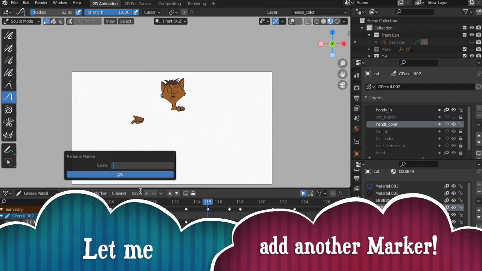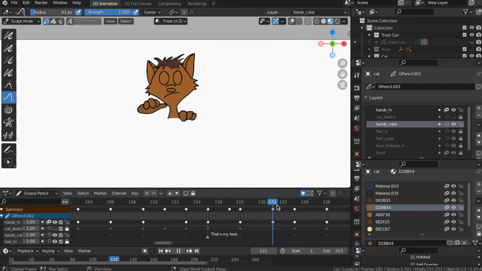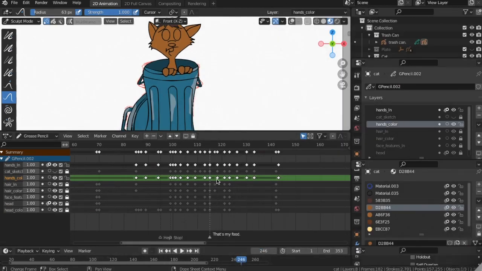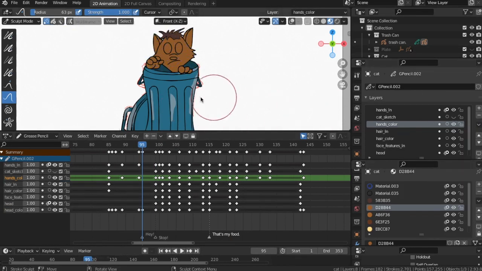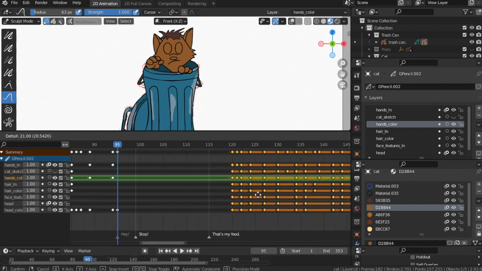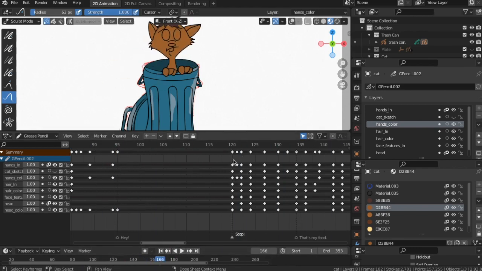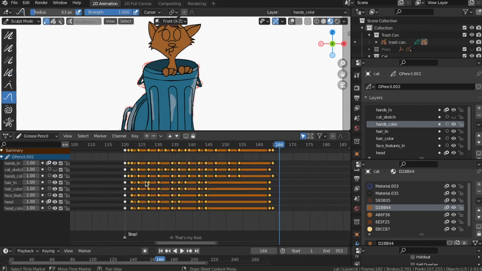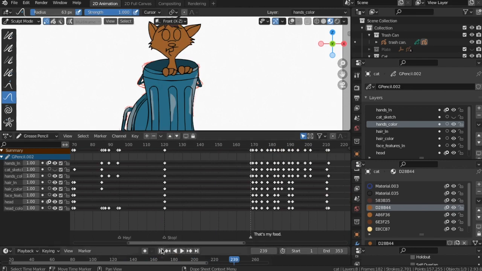Let me add another marker. Let's animate the arms.